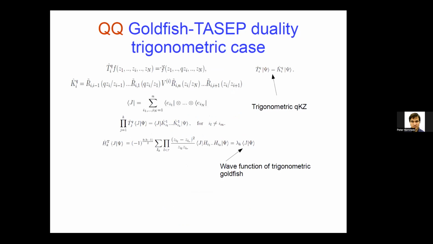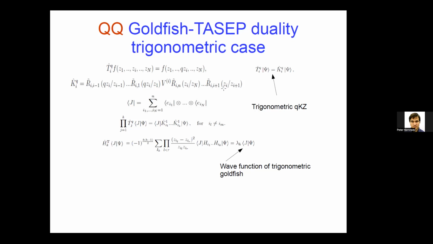Also, it's possible to consider a similar quantum duality between the trigonometric goldfish model and the trigonometric version of inhomogeneous TASEP. So we consider the trigonometric version of qKZ. The corresponding operators are once again expressed in terms of R matrices, which depend on local jumps.